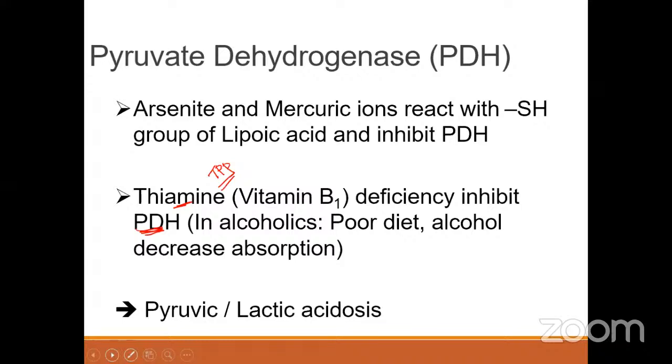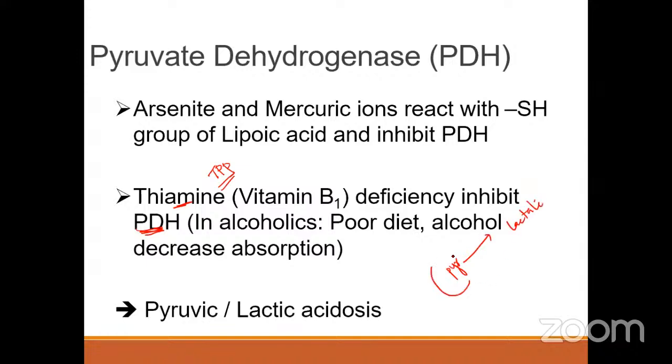And when there is excess pyruvate, it will accumulate, as it cannot move on to acetyl CoA due to a defect in the pyruvate dehydrogenase enzyme or depletion of the coenzyme. So the pathway of pyruvate is that it can be converted to lactate.